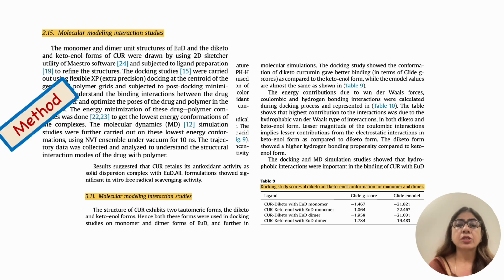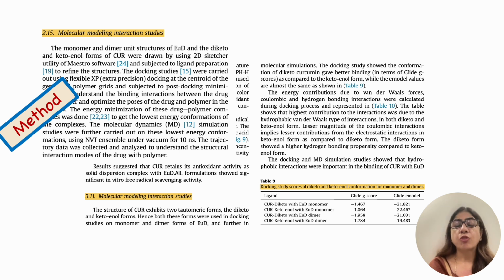In this case, the structures of both the polymer and curcumin were prepared using the Schrödinger Maestro software. Although they could have retrieved the structure of curcumin from PubChem, they opted to draw it manually, which is perfectly fine. The structure of Eudragit, being a polymer, is not available in the Protein Data Bank since it is not a protein.